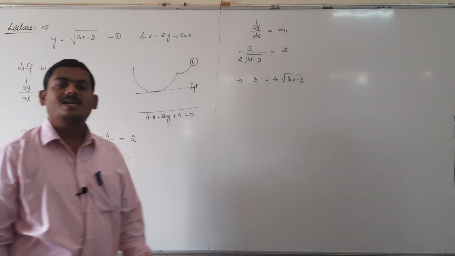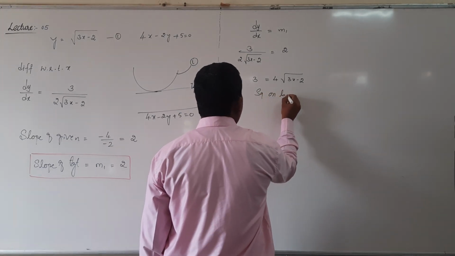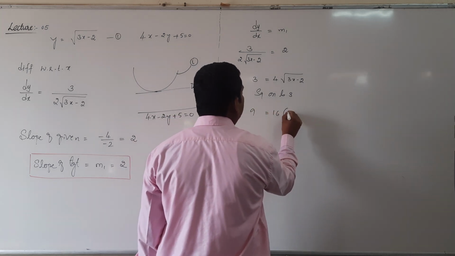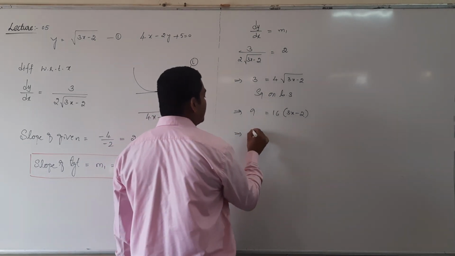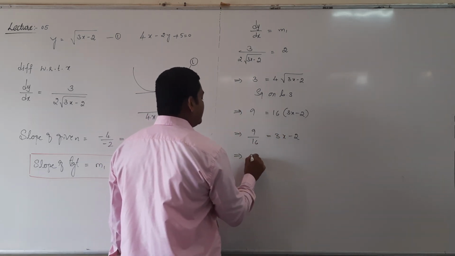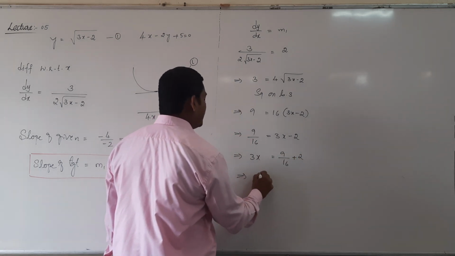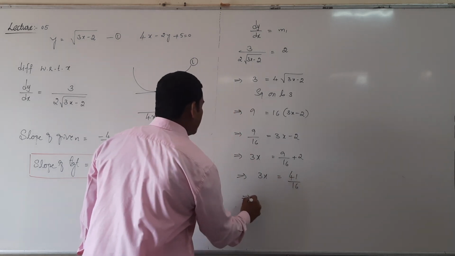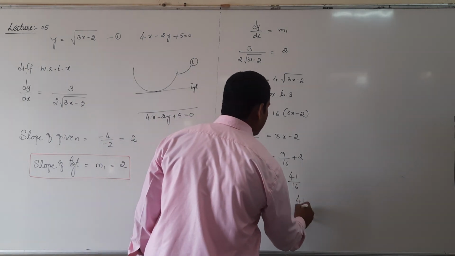We need to find the x value as well as the y value, so squaring on both sides, 9 is equal to 16 into 3x minus 2. Bring the 16 to the left side, then 9 divided by 16 is equal to 3x minus 2. After that, 3x equal to 9 divided by 16 plus 2. Taking LCM, 3x equal to 41 divided by 16. Then x is 41 divided by 48.